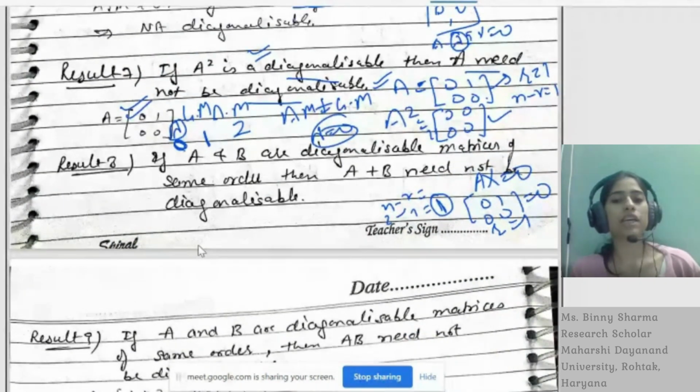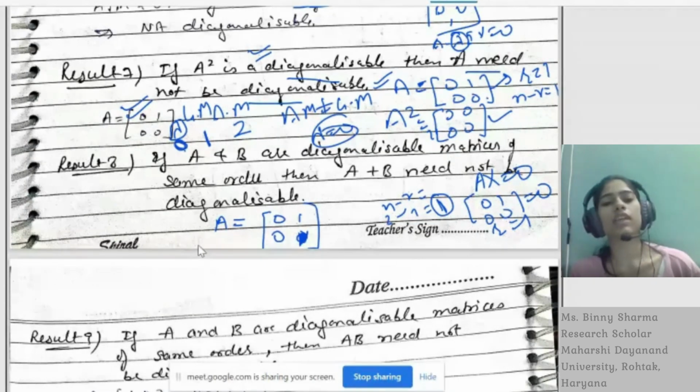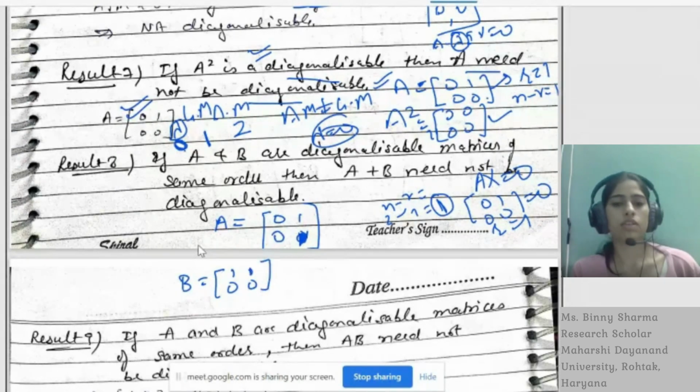Result 8. If A and B are diagonalizable matrices of the same order, then A plus B need not be diagonalizable. Let we have a matrix A and B. This matrix A is an upper triangular matrix and its eigenvalues are 0 and 1.